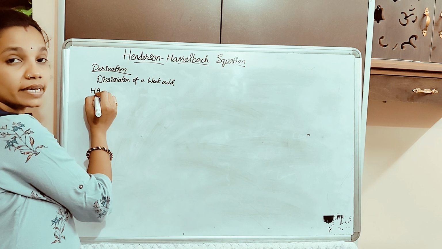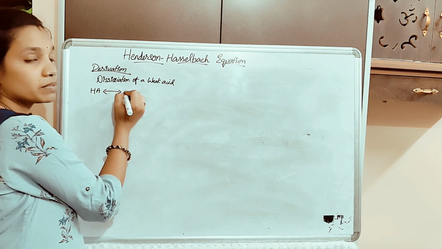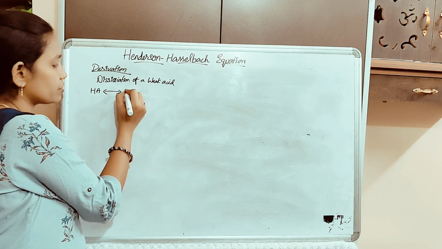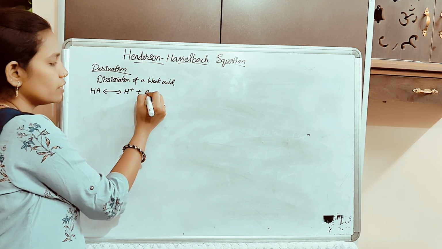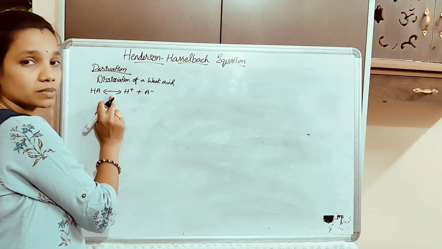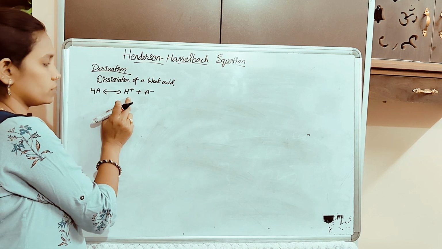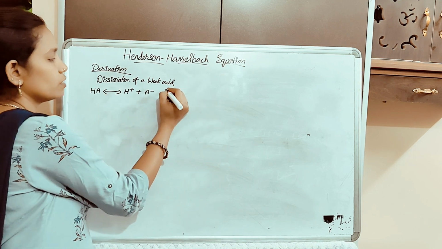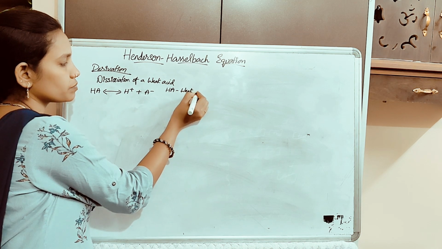HA is represented as weak acid. Now, this double arrow represents reversible reaction. Means here HA will dissociate into H plus and A minus. This reversible reaction shows that the reaction goes both ways, right? So now here HA is what? It is a weak acid.